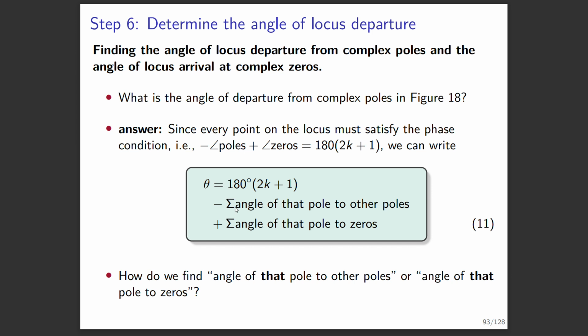Then you subtract the summation of the angle that that pole makes with other poles, and then you add to it the summation of the angle that that specific pole makes to all zeros. Okay, this is a little complicated to understand, so I explain it again.